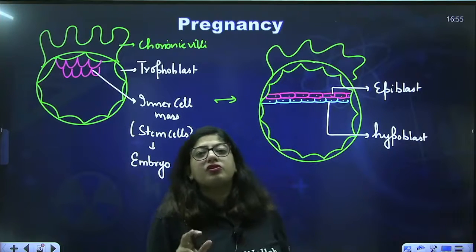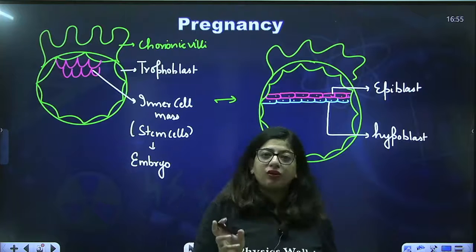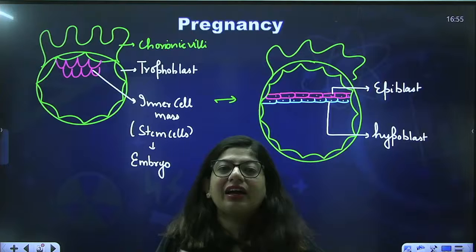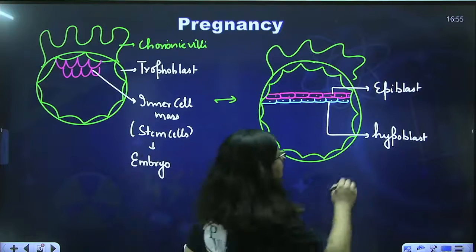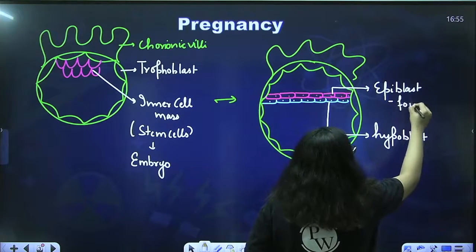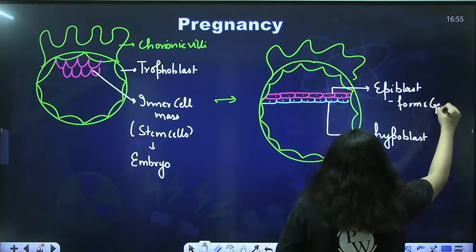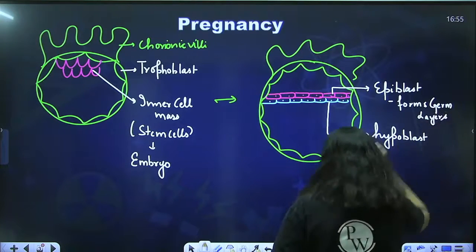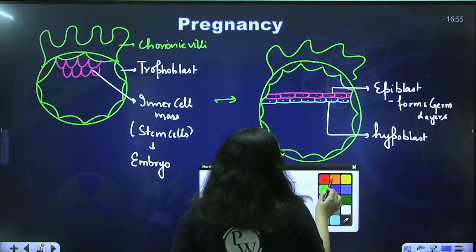Epiblast is the one which will form three germ layers, endoderm, ectoderm and mesoderm, and these layers will form the entire embryo, right? Apart from this, one more wonderful event will be occurring right here.